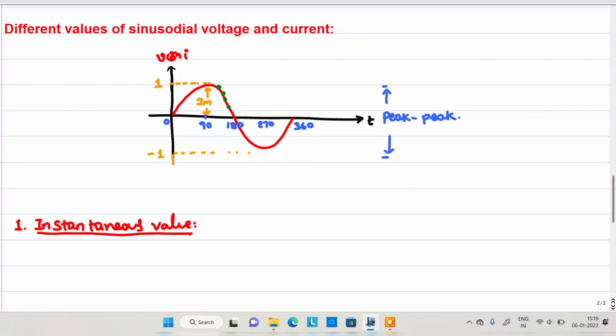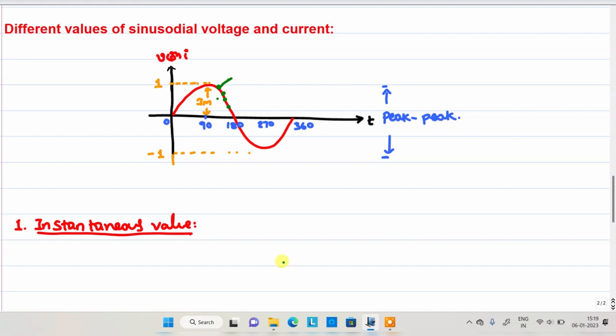At that particular point, what is the magnitude? That magnitude is present at that particular instant. For example, this is a point, and that magnitude is present in that particular case. That means instantaneous points are the number of points in the particular waveform. So all instantaneous points together form the sinusoidal waveform, right?